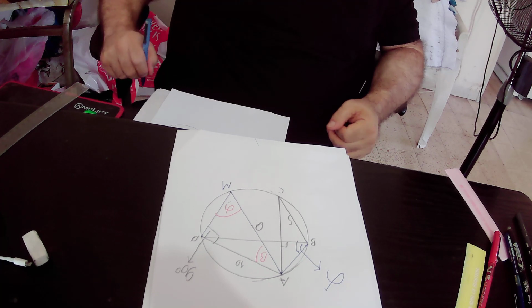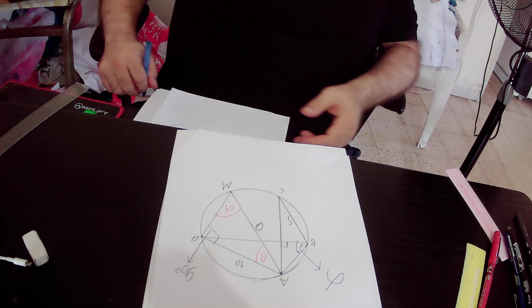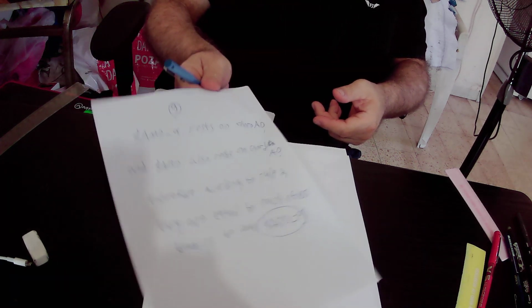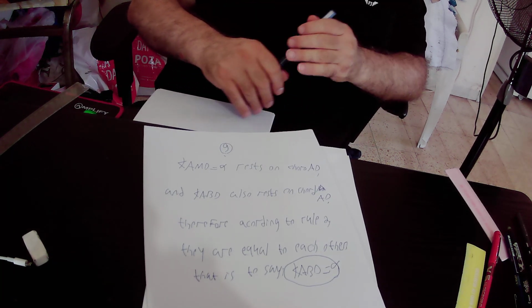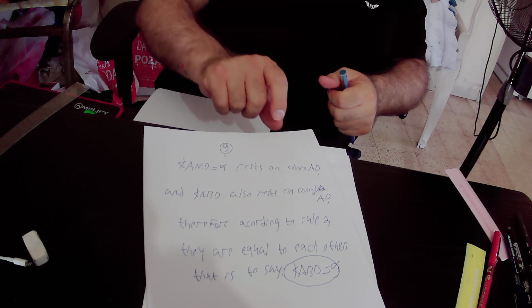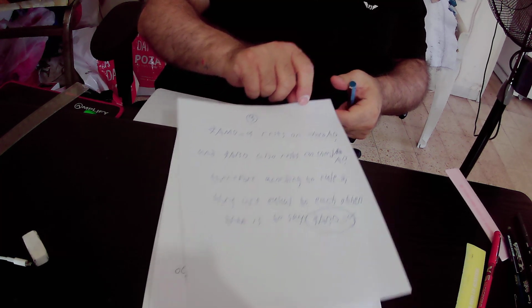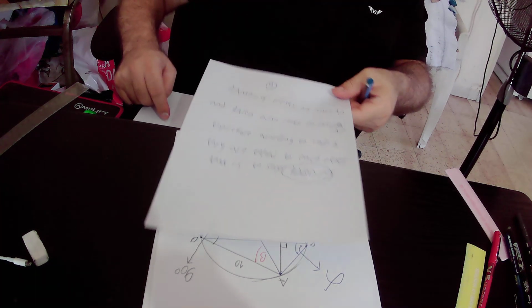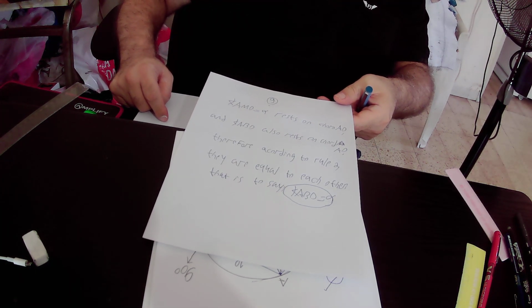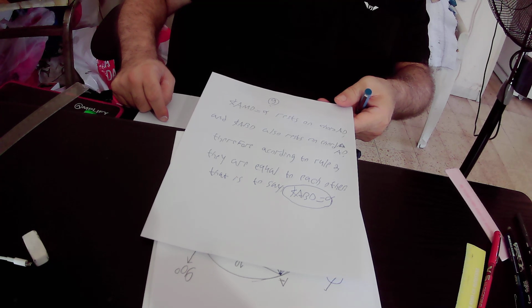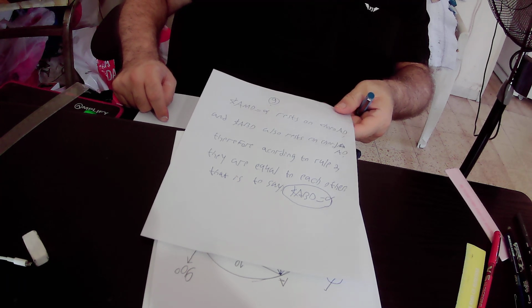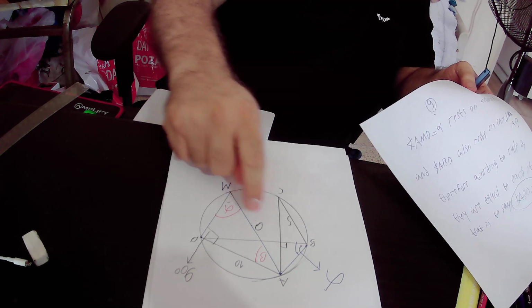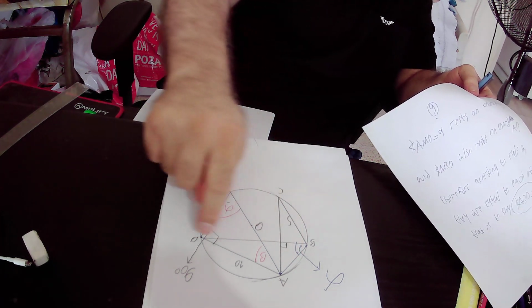Okay, I will read the diagram again. Angle AMD equals alpha, and angle AMD that equals alpha rests on chord AD.